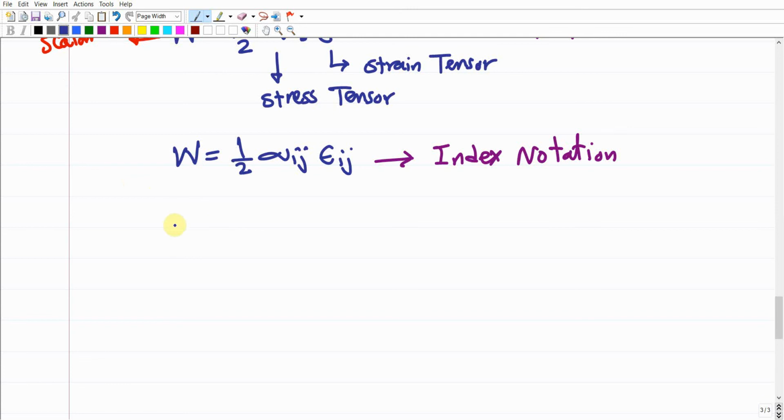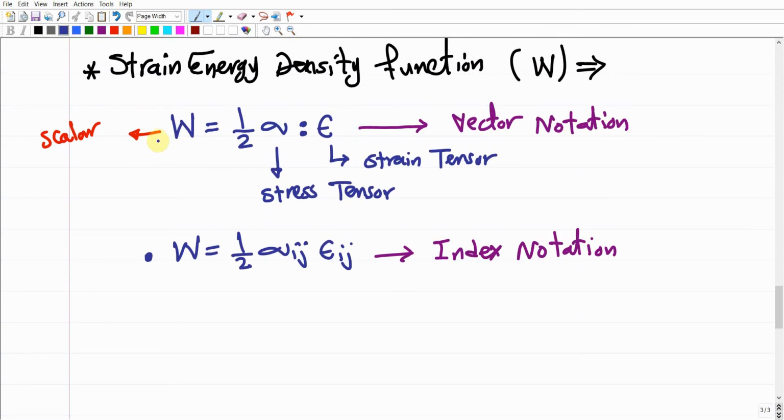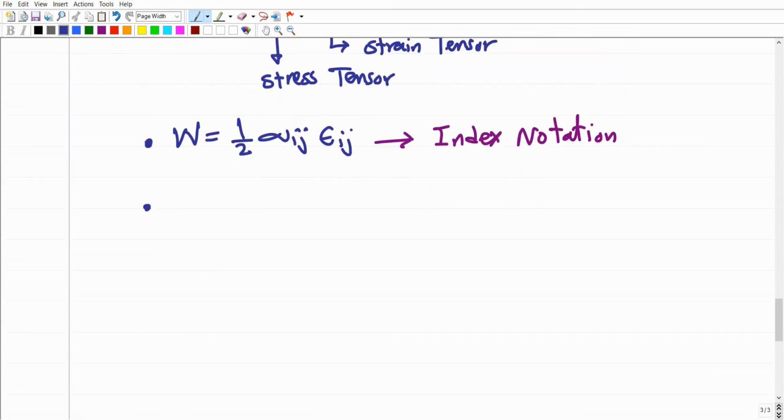Also, we knew from the constitutive equation that sigma ij equals Cijkl, which is the stiffness tensor, times epsilon kl in general, times epsilon ij.